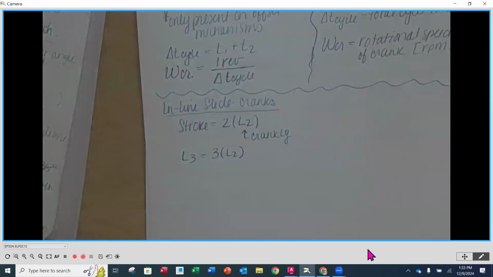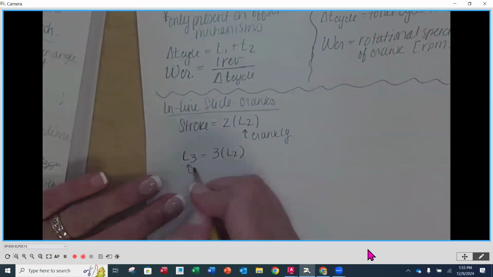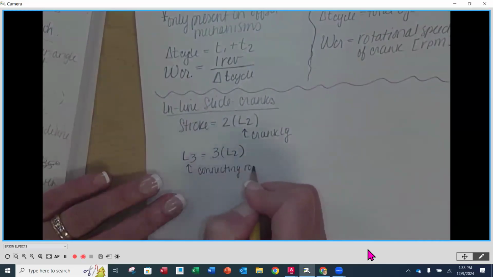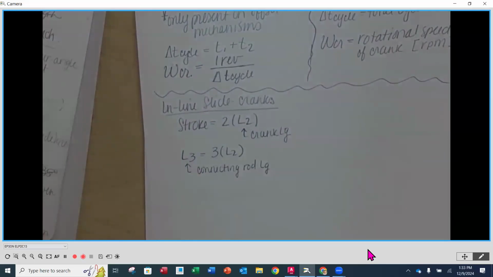So L3 is going to be the connecting rod length. Obviously, if we're dealing with inches or millimeters, those would be consistent units, for whatever they would be.